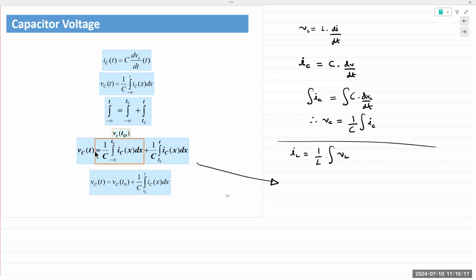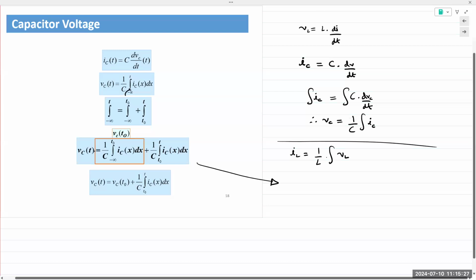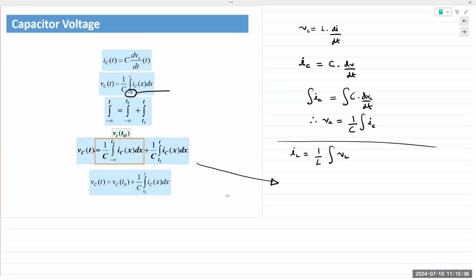So the limits of the integration, you're summing up everything, the starting point and the end point, okay? Now the starting point here is listed as minus infinity. Minus infinity means at the beginning of time. Well, not really.